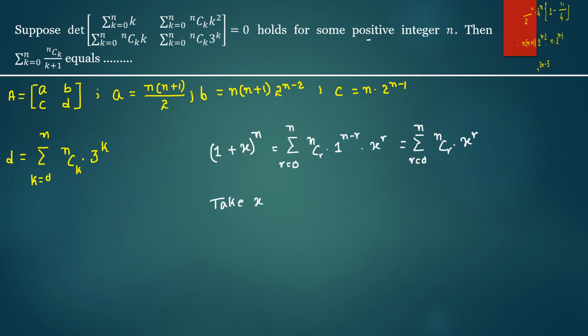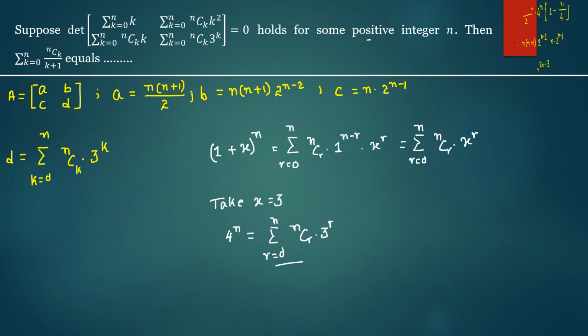Now, if I take x is equal to 3, my left hand side becomes 3 plus 1, which is 4, so 4 to the power n, which is equal to summation r is equal to 0 to n nCr into 3 to the power r. Now see that this pattern and the pattern we are looking for are actually the same.